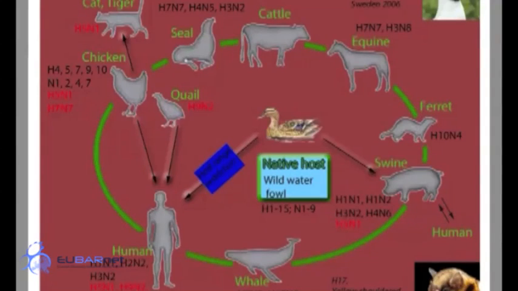This virus adapts to different hosts, and that is partly due to these properties of RNA viruses that I mentioned. And then we have in red here the H5 and H7 viruses.